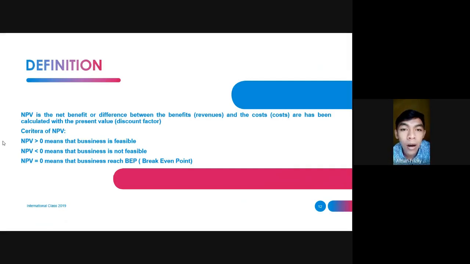The criteria of NPV is, where NPV is greater than zero means that the business is feasible, while where NPV is less than zero means that the business is not feasible, and where the NPV is equal to zero means that the business reaches BEP or break-even point.